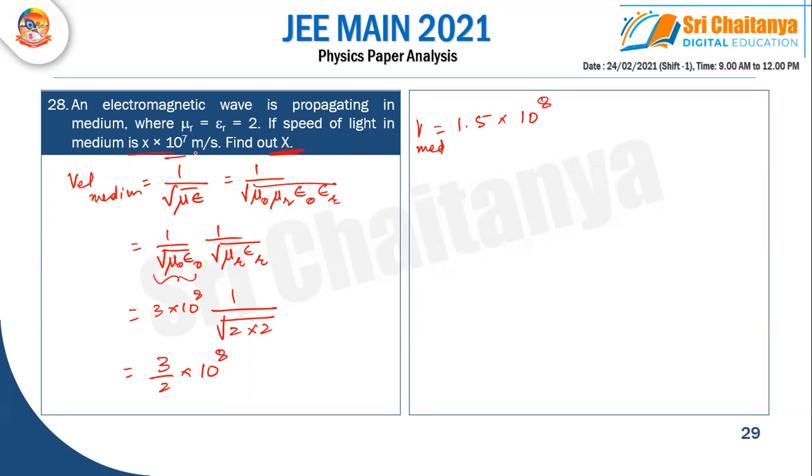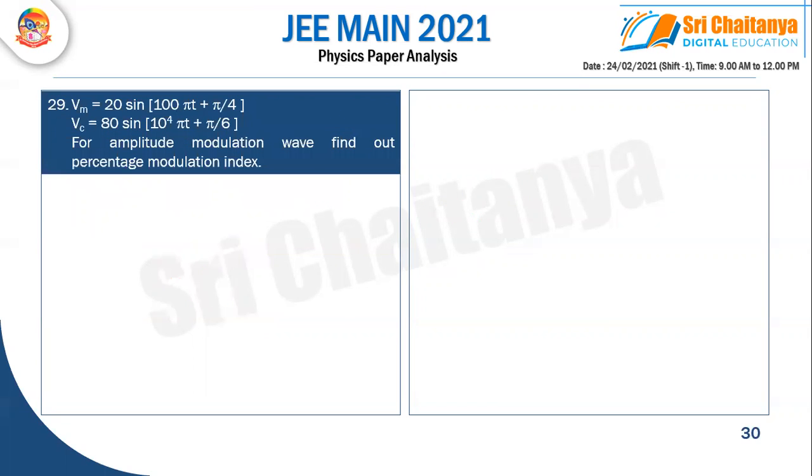He's asking for a 10 power 7 multiple, so 1.5 into 10 power 7 into 10, I get 15 into 10 power 7. Now 15 is the right answer. We'll move on to the next question, please.